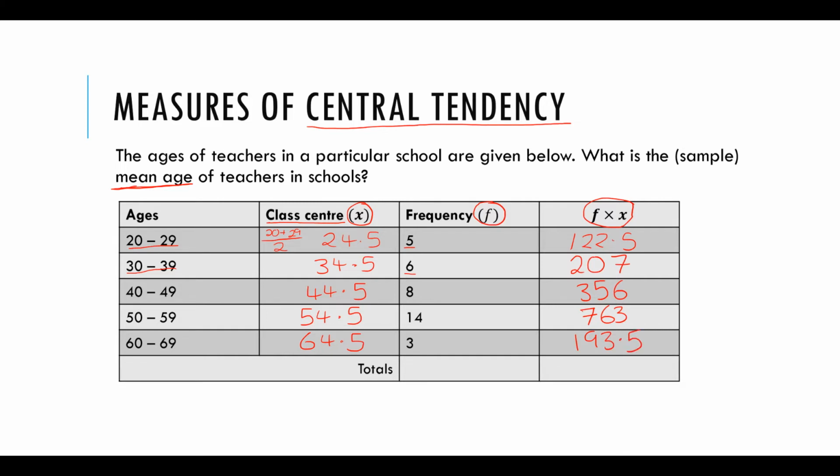The totals, so these bottom two cells, add up the totals. So they add up all the numbers in the column above. So the total of 5, 6, 8, 14 and 3 is 36. And the total of all the numbers in the f times x column is 1,642.